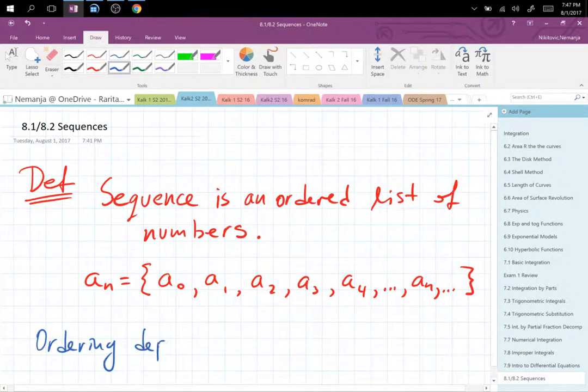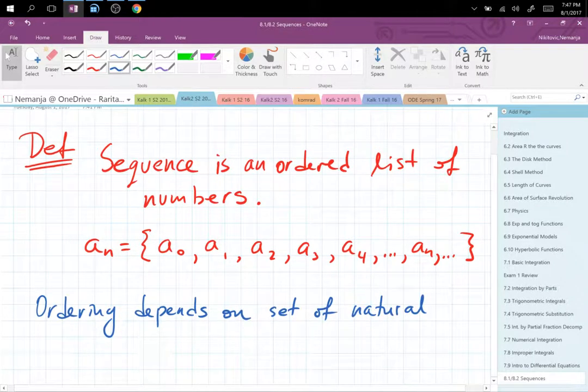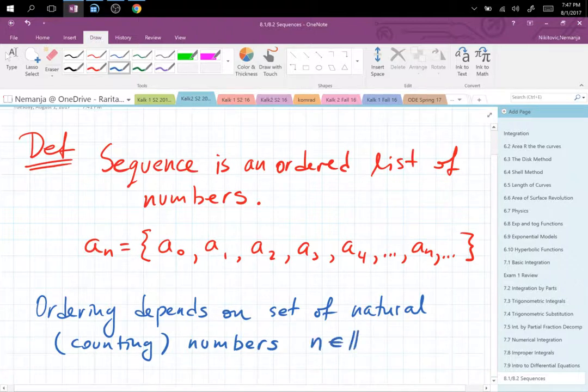Ordering depends on the set of natural, I'll put in parentheses, counting numbers n, which is an element of set N. Now that set element belongs to, which means 0, 1, 2, 3, 4. 0 is not really a counting number because you are not going to count 0 trees, 1 tree, 2 trees, 3 trees, right? But we do use it here, so we include it.